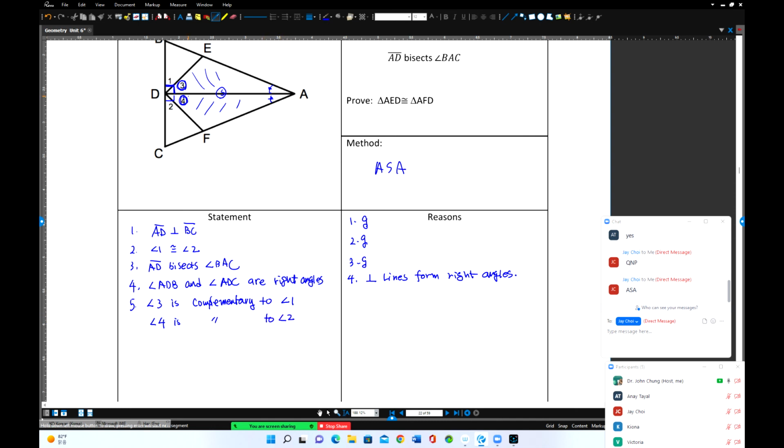These are complementary angles. The reason is: the angles that form right angles are complementary.